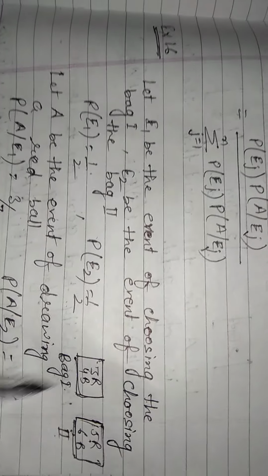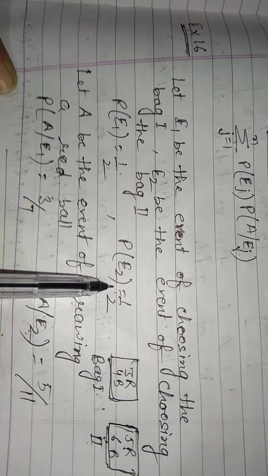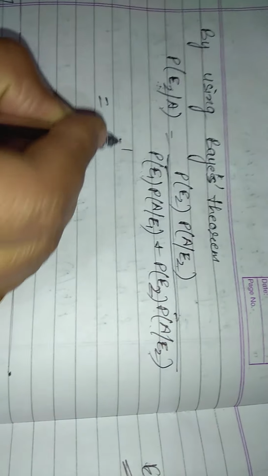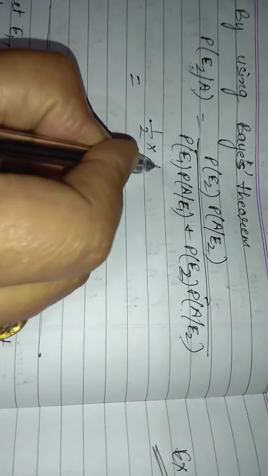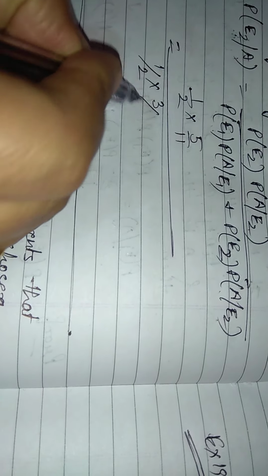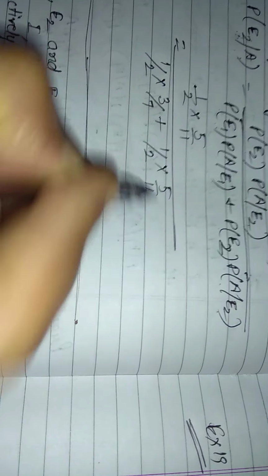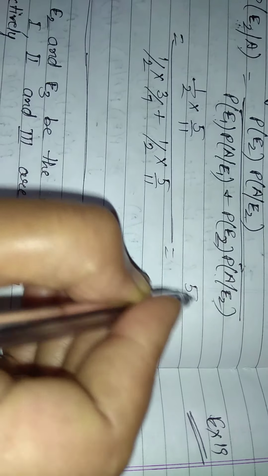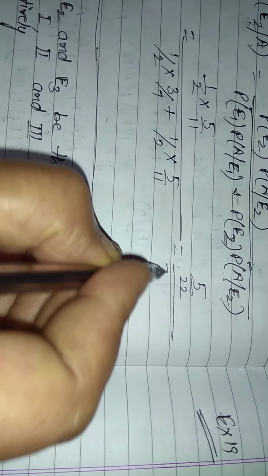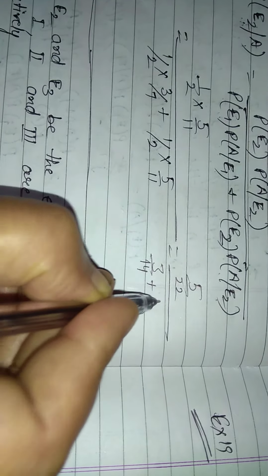If we want to find it for the second bag, we take this multiplication in the numerator, and the denominator will be this into this plus this into this. This is half, P(A|E2) is 5 upon 11. In the denominator, half into 3 by 7 plus half into 5 by 11. So solving this, the numerator is 5 upon 22 and the denominator is 3 by 14 plus 5 by 22. So take the LCM of this.